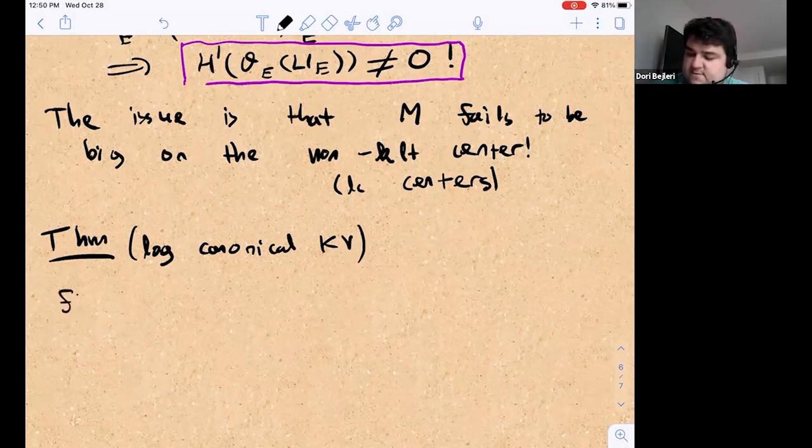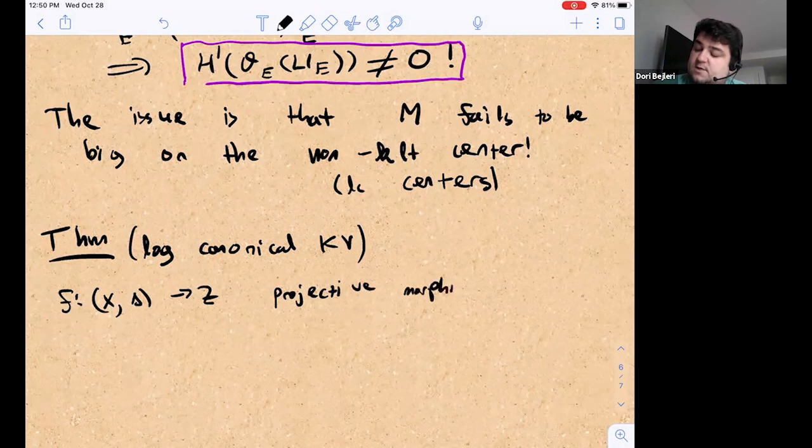So let's say that f from (X, Δ) to Z is a projective morphism with X smooth and Δ an SNC boundary.